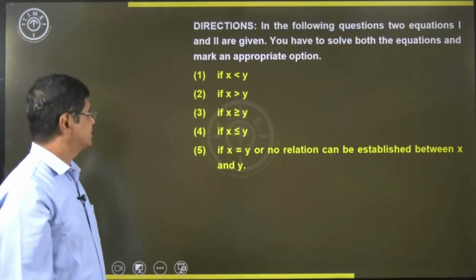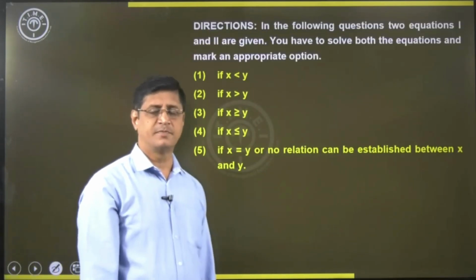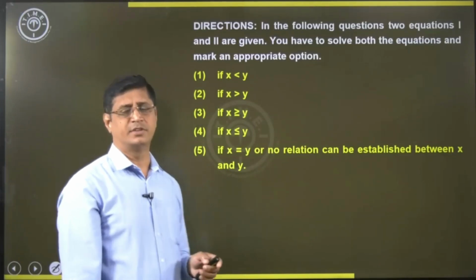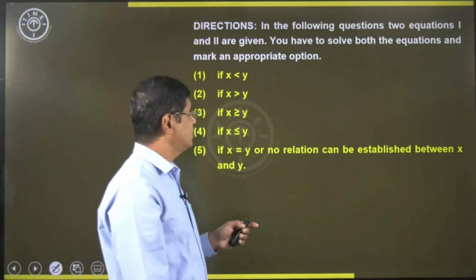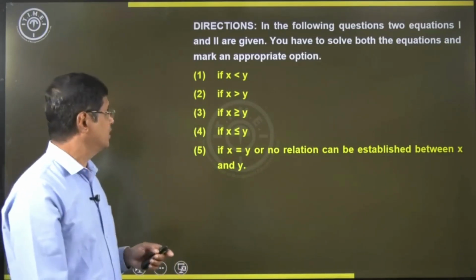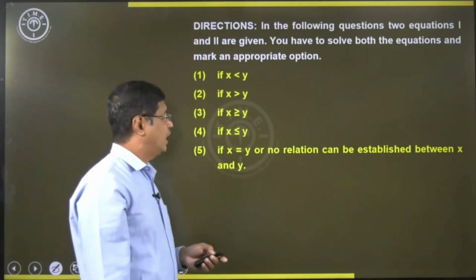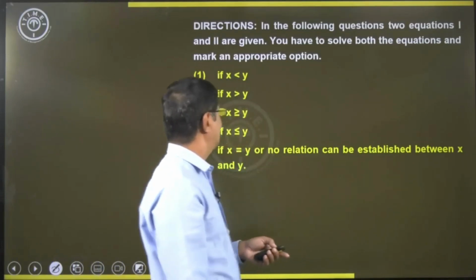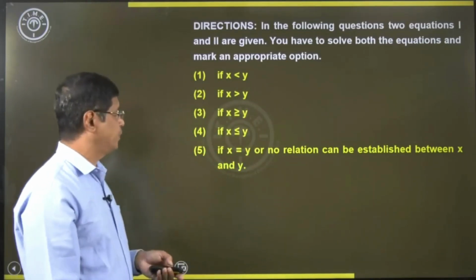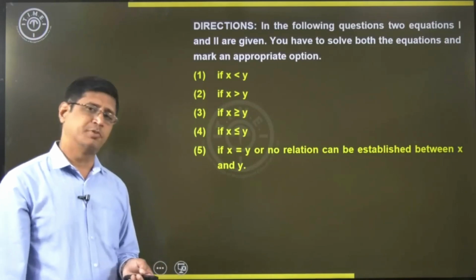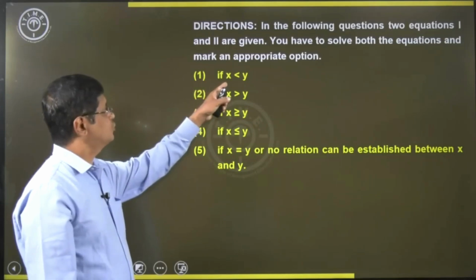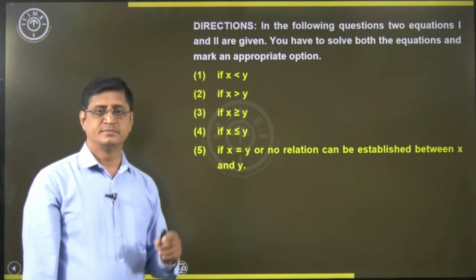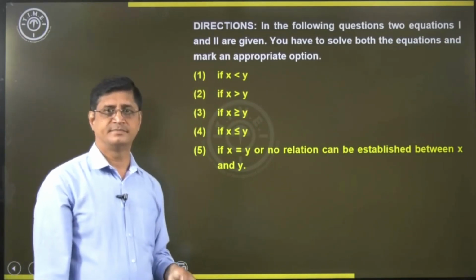Now look at the next set of questions. Here directions are given. Just look at the directions. In the following questions, two equations 1 and 2 are given. You have to solve both the equations and mark an appropriate option. Yes, my dear students, just look at the options here. If x is less than y, the choice is 1.